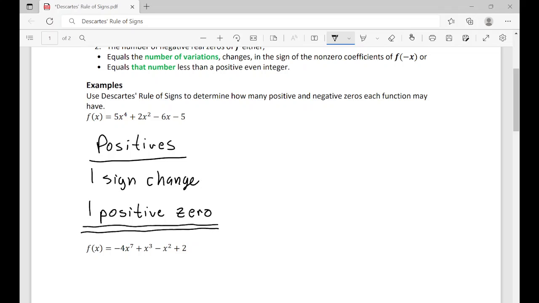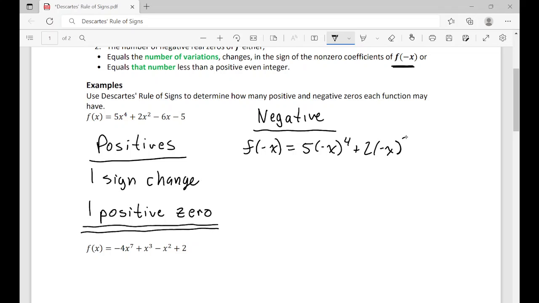Now for negatives, we have to do just a little bit more work. So for negative, we have to do f of negative x. So we're going to do first f of negative x, which is going to be 5 negative x to the fourth plus 2 negative x squared minus 6 negative x minus 5, and just simplify it.